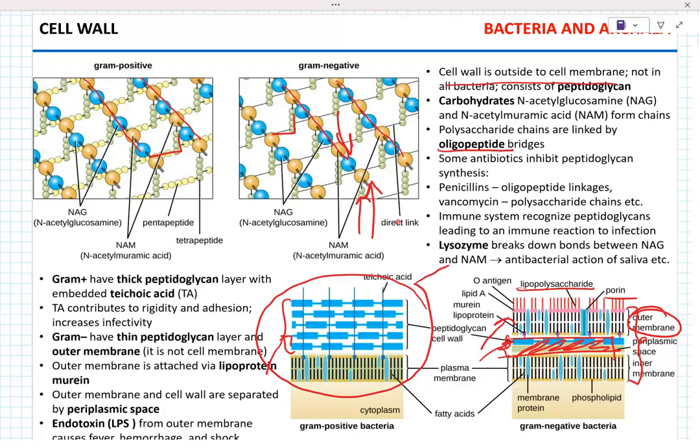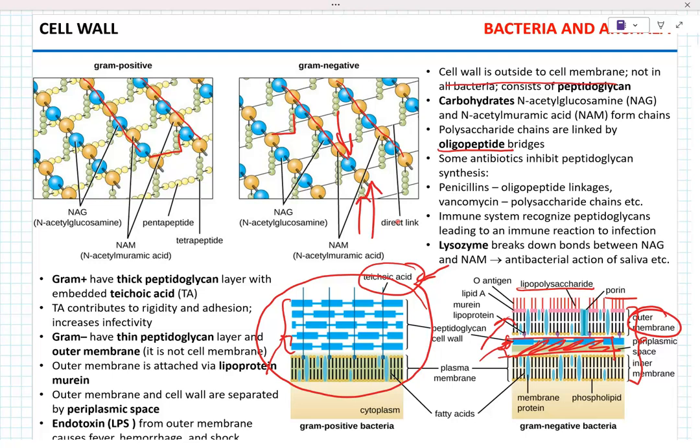Now, the wall of gram-positive microorganisms also contains important molecules such as teichoic acid, which contributes to the adhesion of these cells to the surface. Overall, if you compare gram-positive and gram-negative cell membranes, you can see the difference. Gram-positive has 2 layers and gram-negative has 3.